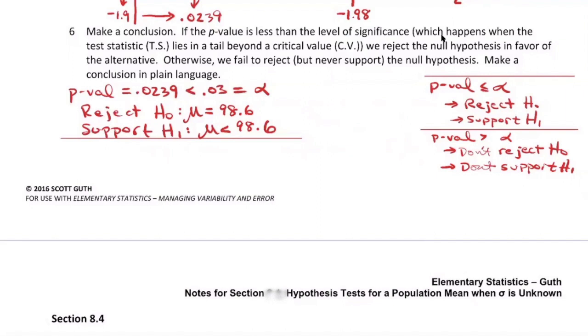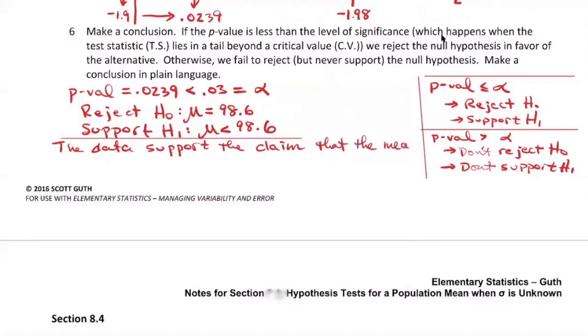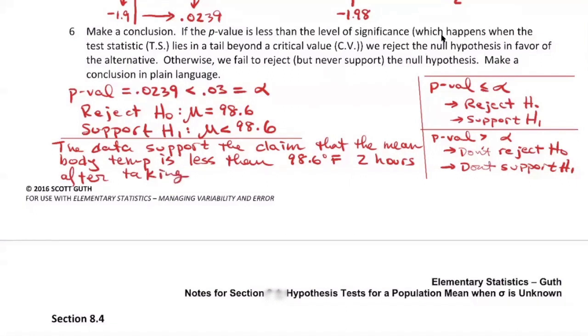There it goes. The data support the claim that the mean body temperature is less than 98.6 degrees Fahrenheit 2 hours after taking Tylenol, I think, which is called, oh Lord, what's it called?